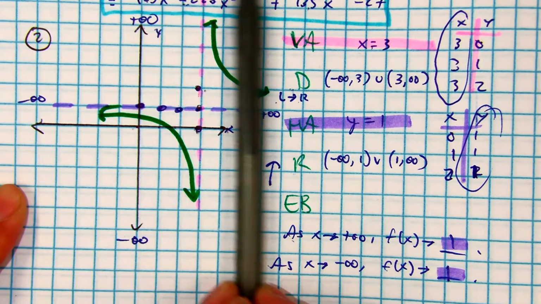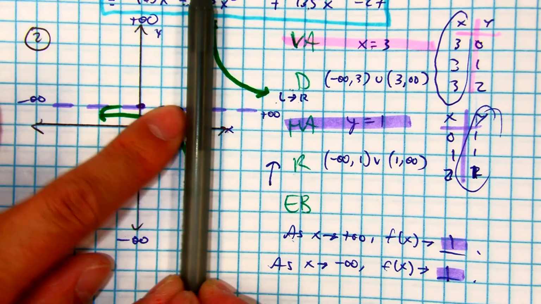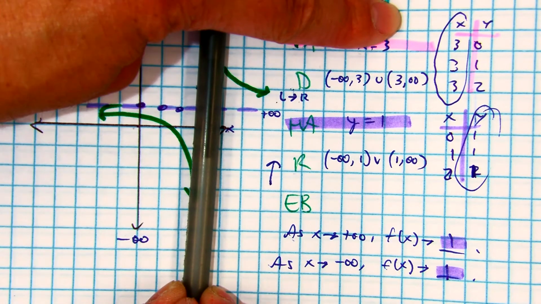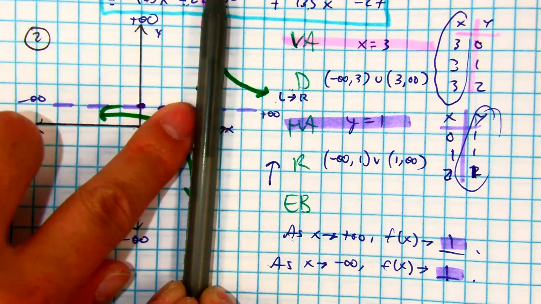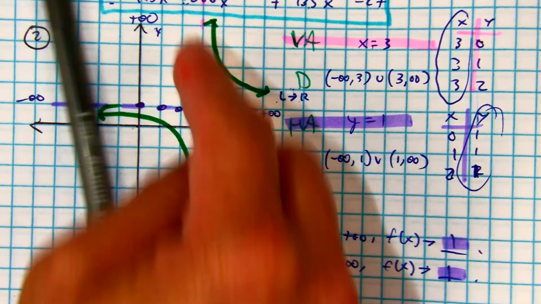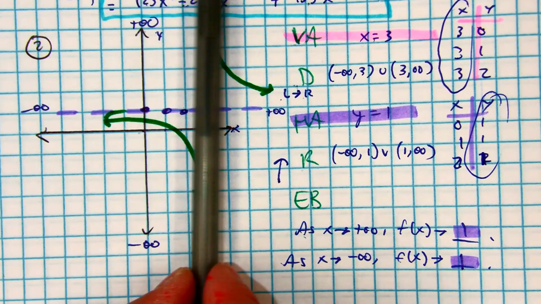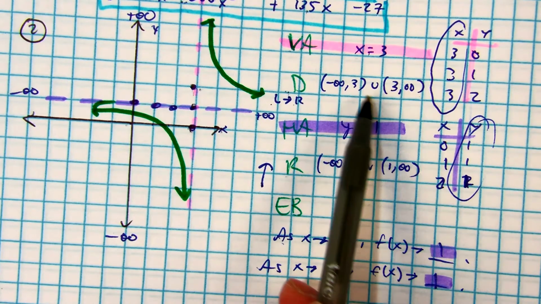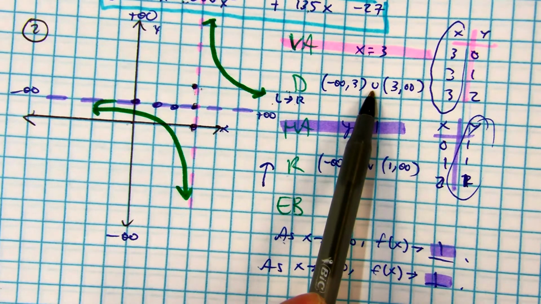There's a break right there. This break in this pink line is at 3. So negative infinity to 3, and then 3 to positive infinity. Notice there's a break here, so there are 2 graphs. 1, 2. That's why there are 2 intervals. They're connected by U, which means union or connection, connecting these 2 answers.